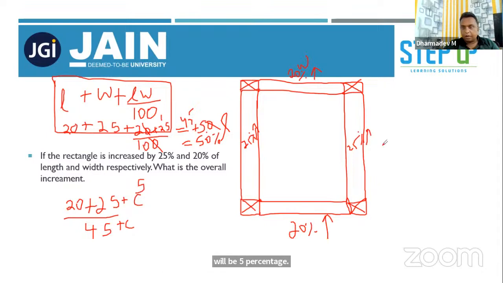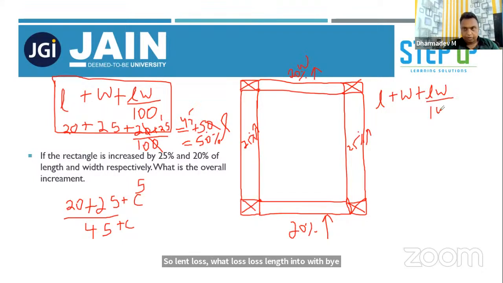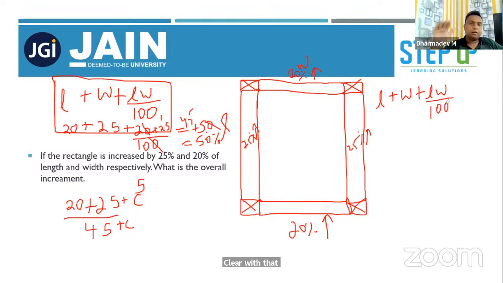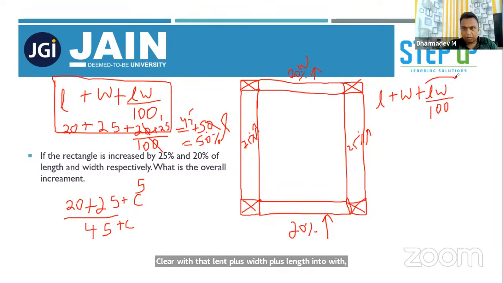Okay, I'm writing it again on the other side. I'm finding whether the length and width are increased. So length plus width plus length into width by 100. Clear with that? Length plus width plus length into width divided by 100. So this talks about the corners.